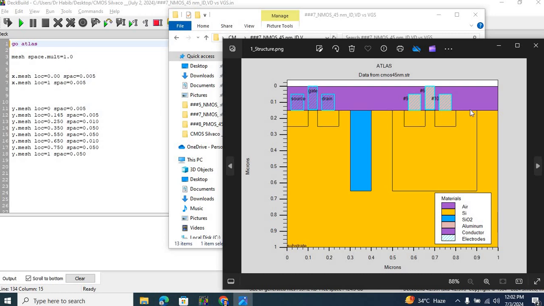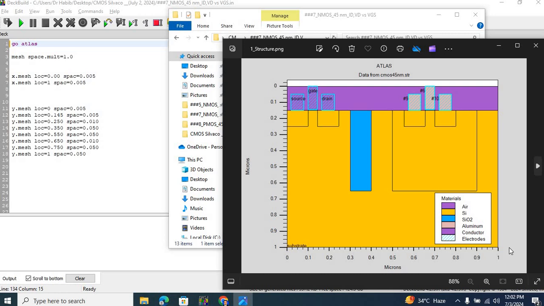Okay, here is the structure. It's running from 0 to 1 micrometer in the Y direction, and it's running from 0 to 1 micrometer in the X direction. So basically, we have a 1 micrometer by 1 micrometer. And also, the built-in Z dimension for these devices in Silvaco TCAD is 1 micrometer as well.